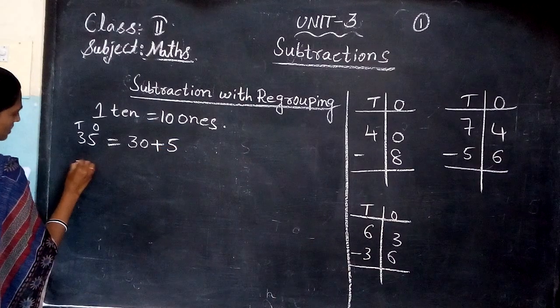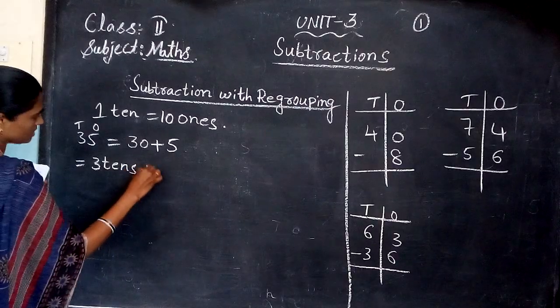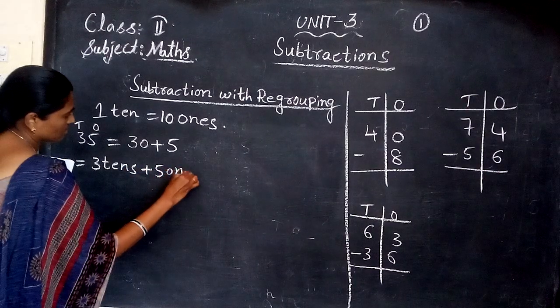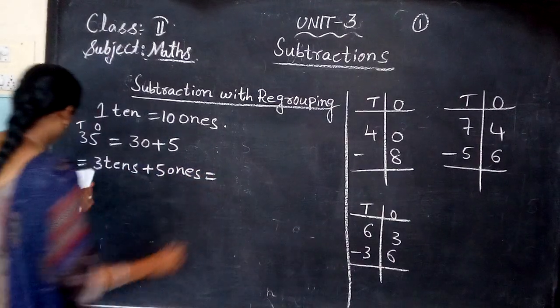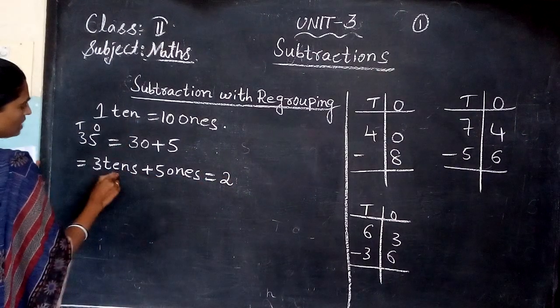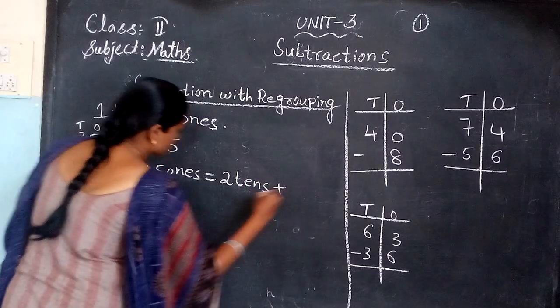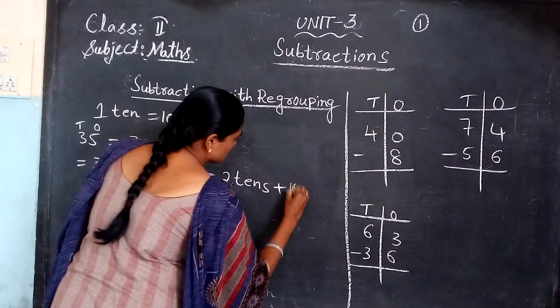You expand this: 3 tens plus 5 ones is equal to 2 tens, because here we don't have enough tens, so 2 tens plus 15 ones.